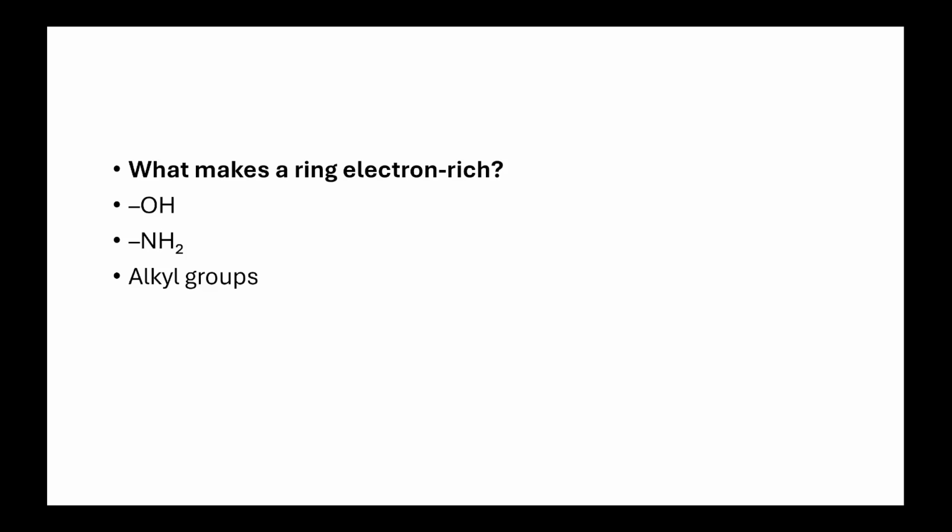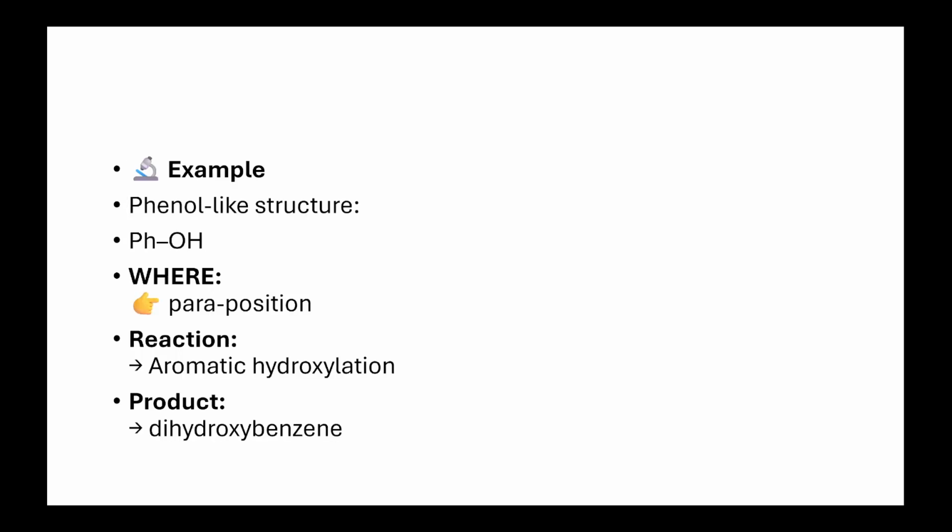So what makes the ring electron rich? We have our OH, NH, or alkyl groups. So take for example, let's have a phenol-like structure. So this is number one. So it would be attacked at the para position, this one. So this carbon would be oxidized.